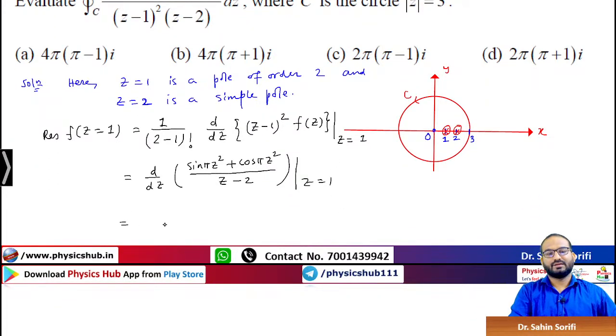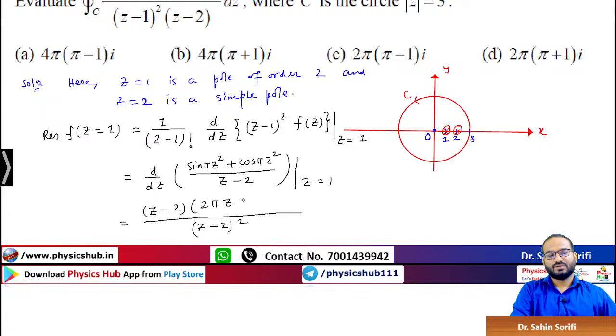Now you will get a big derivative of u by v. So (z minus 2) whole square will come in the denominator, with v du minus u dv. So du is 2 pi z cos pi z square minus 2 pi z sin pi z square.